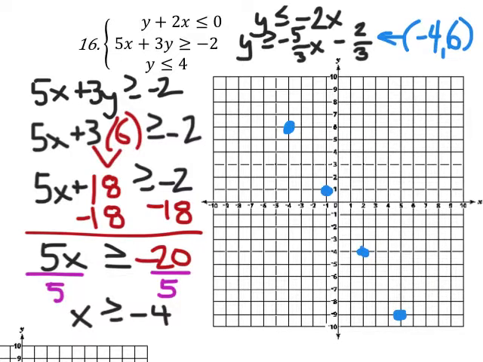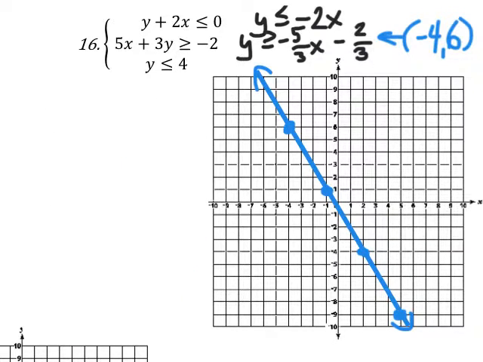Now this is going to be a solid line because it's also equal to, so let's go and graph that. Alright, that looks pretty good. And I can't really tell whether that goes through 0, 0 or not. So what I'll go ahead and do is just check with the point 1, 1 in that original equation. So let's give ourselves some space.